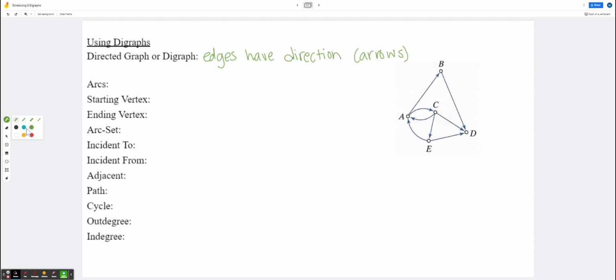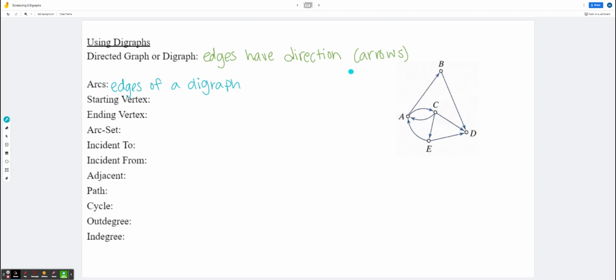We do have some different vocabulary for digraphs. The first is that instead of calling it an edge, we are going to call it an arc. So an arc is just the edge of a digraph. We want to make sure that we write the letters for the edge in a specific order.